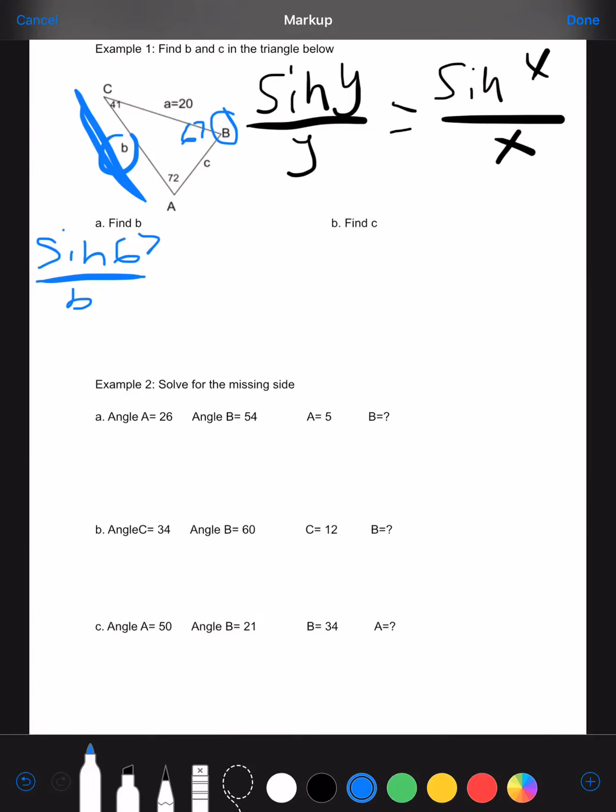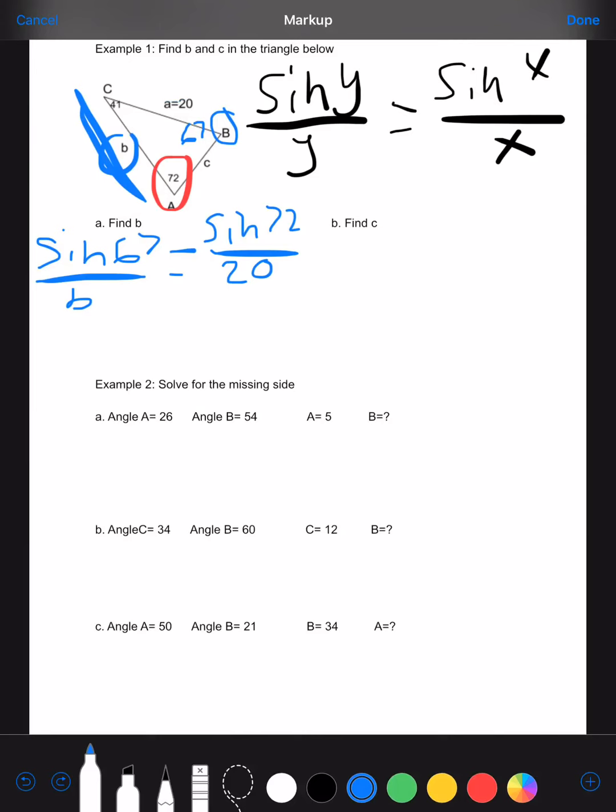So we're going to do our A. So equals sine 72, because A is 72, right? A is 72 over side 20, because side A is 20 up there.